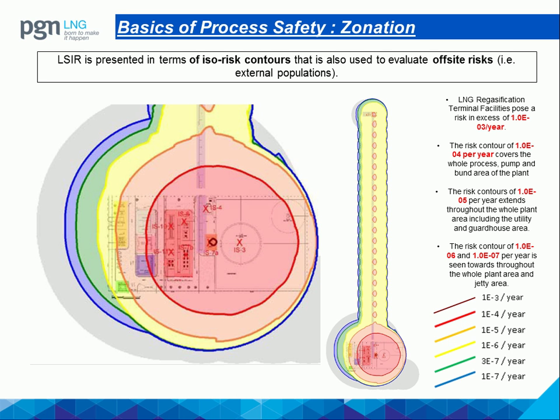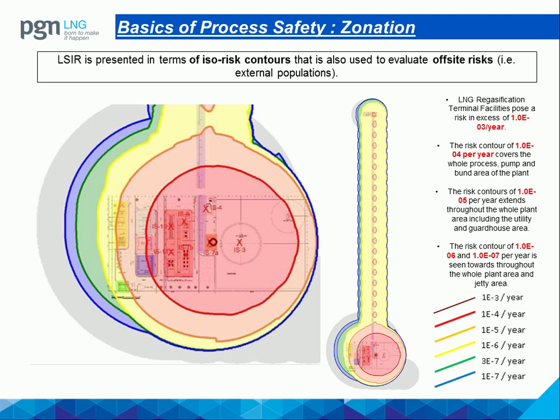Again, this is a zonation. I already explained that the risk contours are perhaps around 75 meters from the fence, so there should not be anything within 75 meters from the fence.